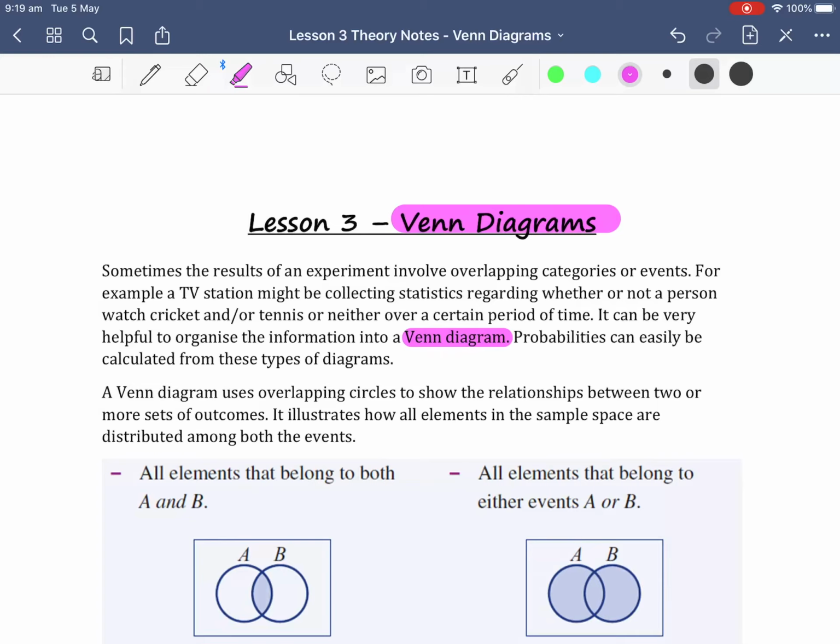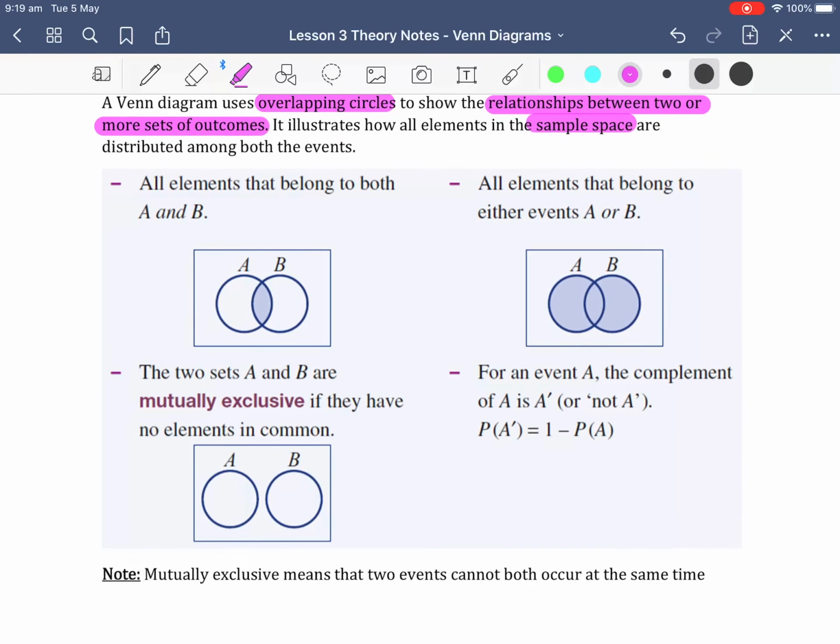A Venn diagram uses overlapping circles to show the relationships between two or more sets of outcomes. It illustrates how all elements in the sample space are distributed among both events. So we have some examples of what the Venn diagrams look like here. All elements belong to both A and B, it is this coloured in bit here, where the circles overlap.